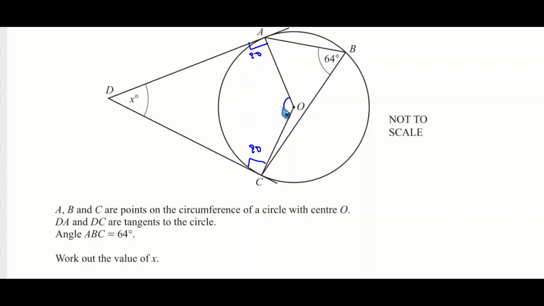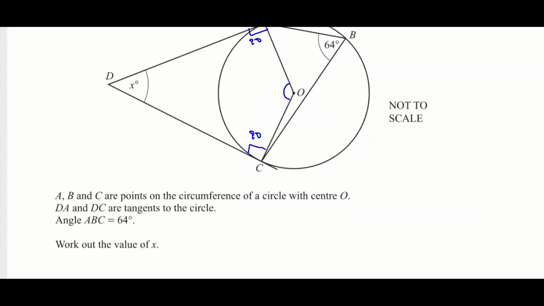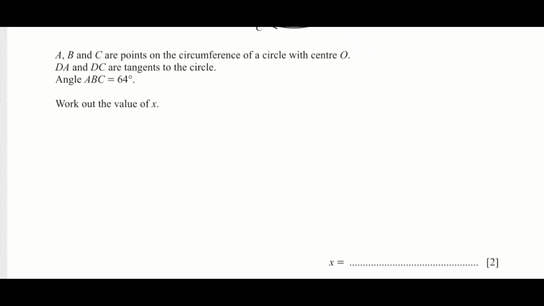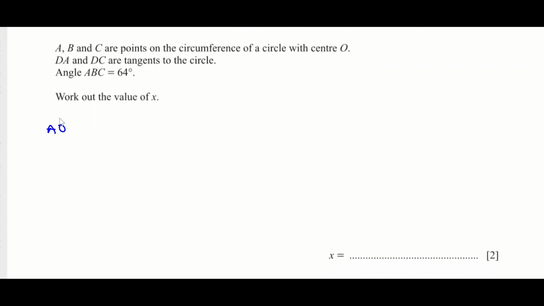So this is the angle at the center, so it's twice the angle at the circumference. I can say angle AOC is equal to 2 times 64 degrees, so this will be equal to 128.